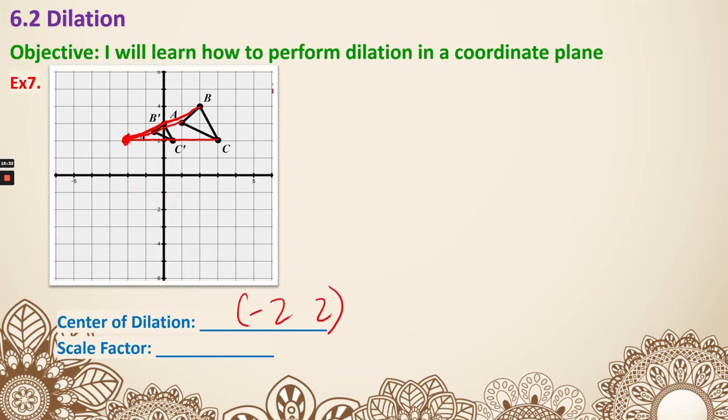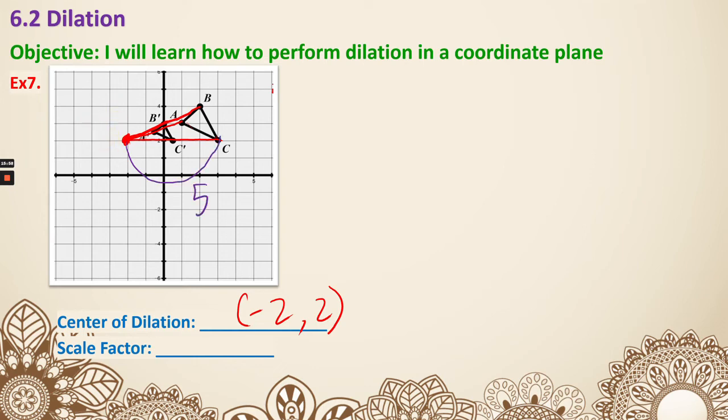Okay, next, I'm going to find my scale factor. Since I don't actually want to calculate all the sides, you totally can and see how different they are. But what you can also do is count how far away it is from the center of dilation. So for example, for C, this part, that is 5 away.